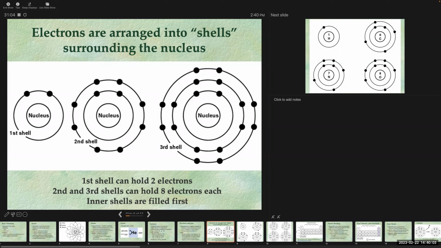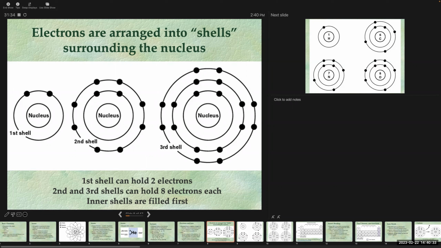Some of the electrons would actually orbit closer to the nucleus, whereas other electrons would orbit farther away from the nucleus. They would actually have more energy, which would allow them to orbit farther away. And so what Niels Bohr proposed was that the electrons are organized into these different energy levels, or what we often just refer to as shells of electrons surrounding the nucleus.